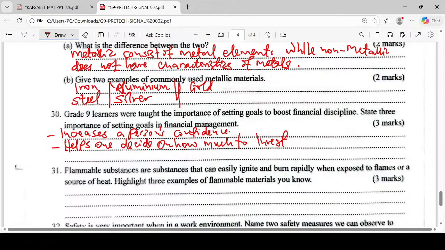We can also say helps in giving a person a clear financial focus.